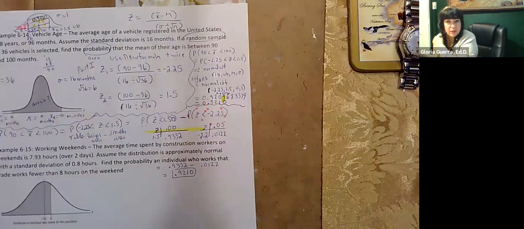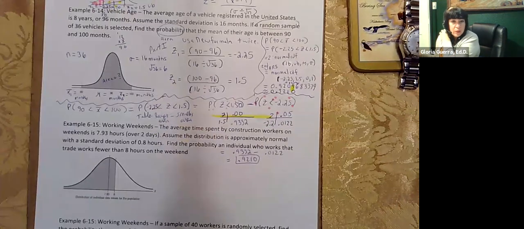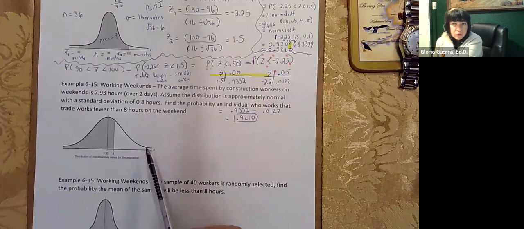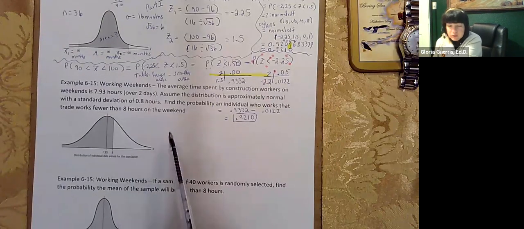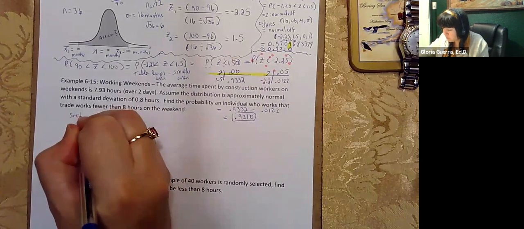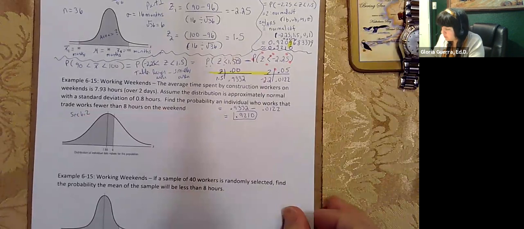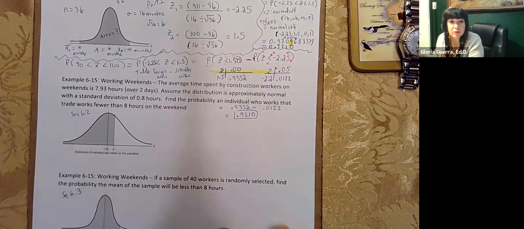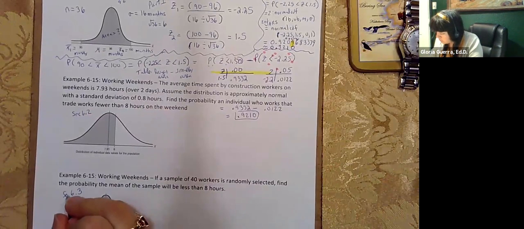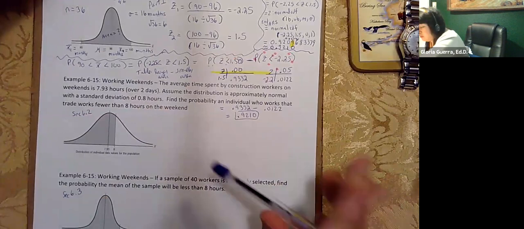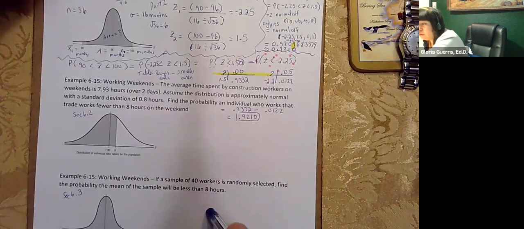Okay, so basically I have one more problem to show you, but I do like how I'm going to show you this one too, because they're reminding you, this is related to section 6.2. And then this one down here, it's problem related, but this is section 6.3, central limit theorem. So I'm going to work both of them, but this is section 6.2 and this is section 6.3.